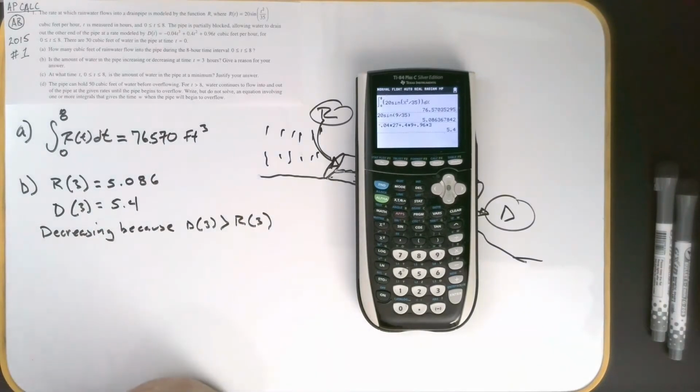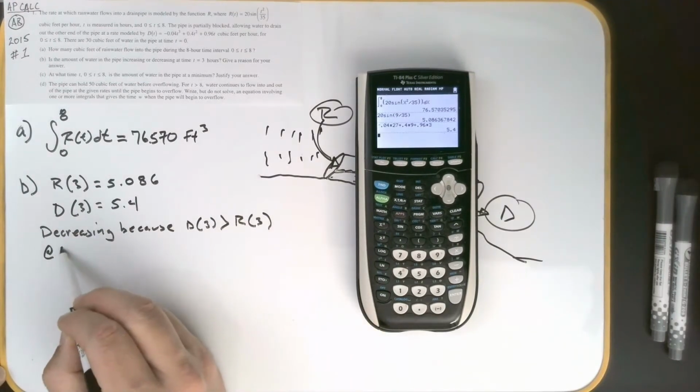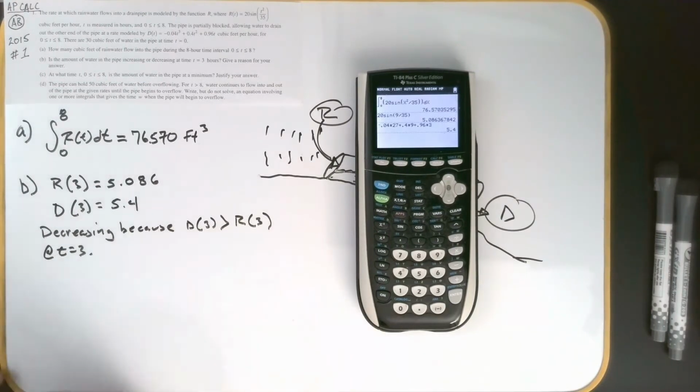That would be a fair enough way to say that. And if you want to be really thorough, you could just say at t equals 3. Always over-communicate when necessary.